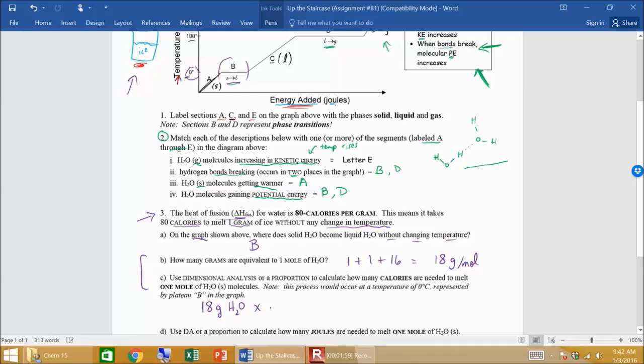And the information here says 80 calories per gram is required to melt ice. 80 calories per 1 gram of H2O. That's the heat of fusion. And then we multiply those together, and you get 1440 calories.